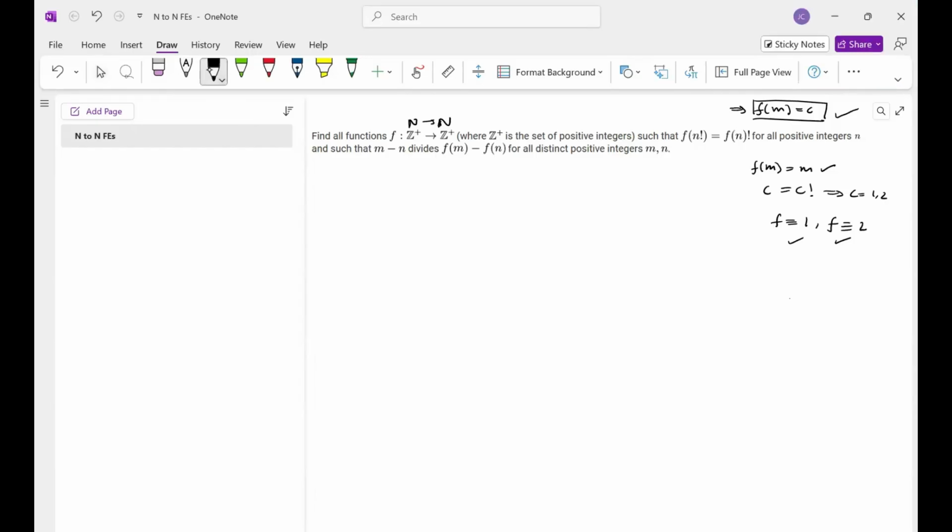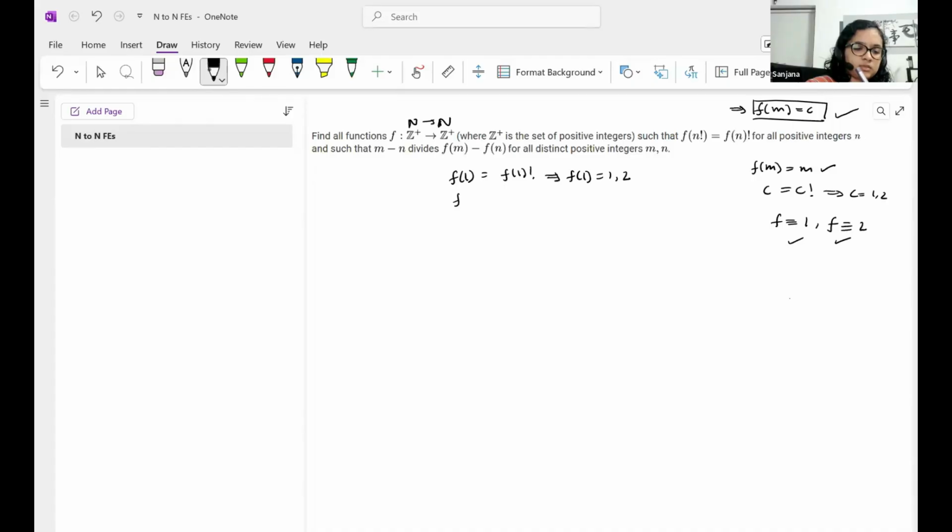Okay, if you put n equal to 1, you get f of 1 is equal to f of 1 factorial. And the only numbers which satisfy being equal to their own factorial are 1 or 2. So f of 1 is equal to 1 or 2.